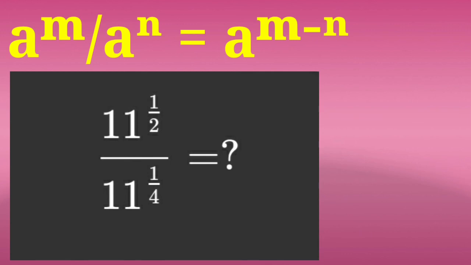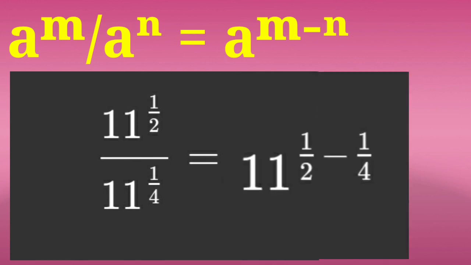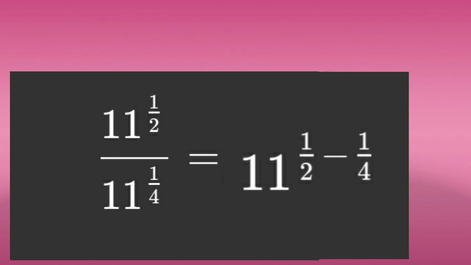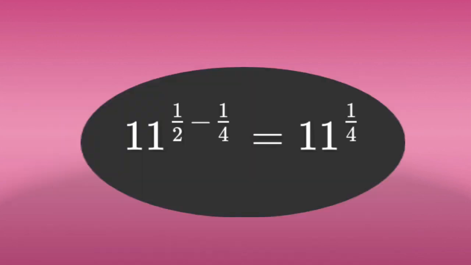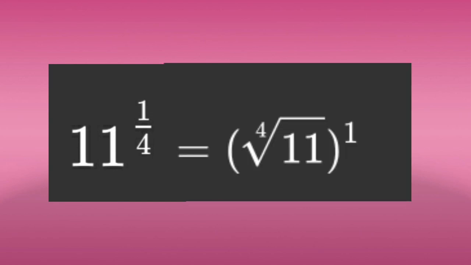So what will you get? 11 raised to 1 by 2 minus 1 by 4, which is equal to, here also you have to find the LCM of 1 by 2 and 1 by 4. What will you get? 1 by 4. So 11 raised to 1 by 4. And 11 raised to 1 by 4 means what? If the exponent is a fraction, then the denominator becomes the root. So which is equal to nth root of 11. Here n is 4. So fourth root of 11.